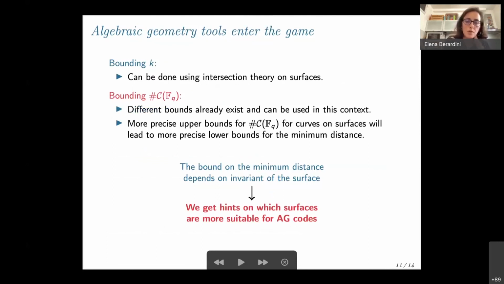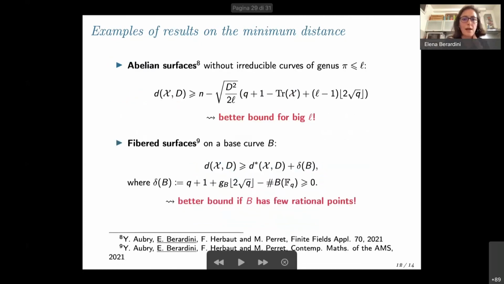Why is this important? This is important because the bound that you can get on d depends on the invariants of the surface. And this will then give a hint on which surfaces will potentially give better codes. So just to give you an idea of what types of bounds one can get, I will show you just two examples, very quickly.